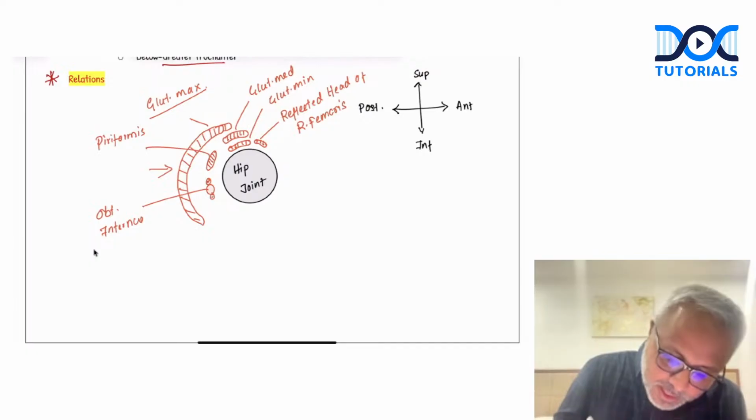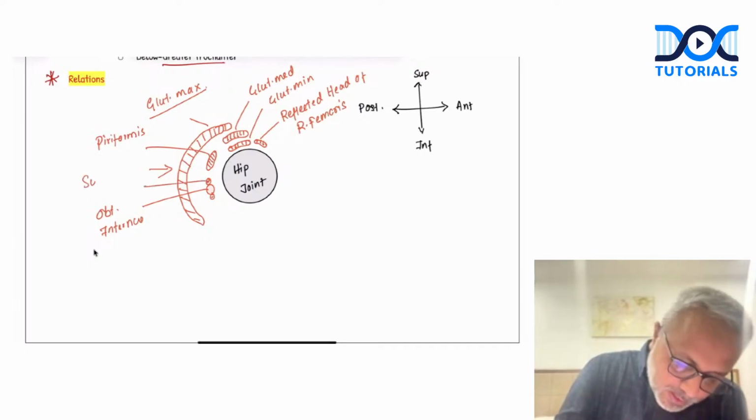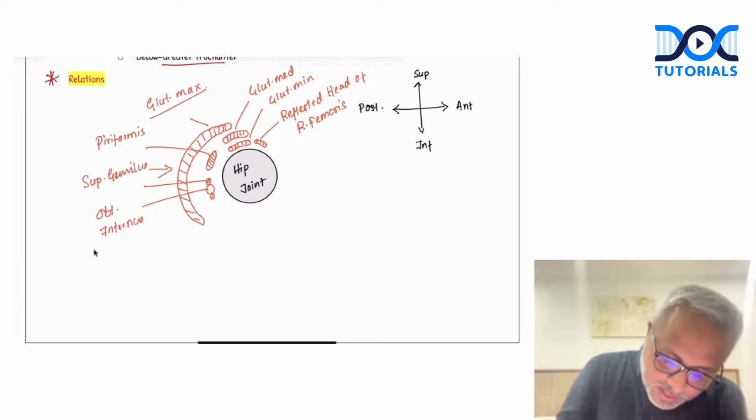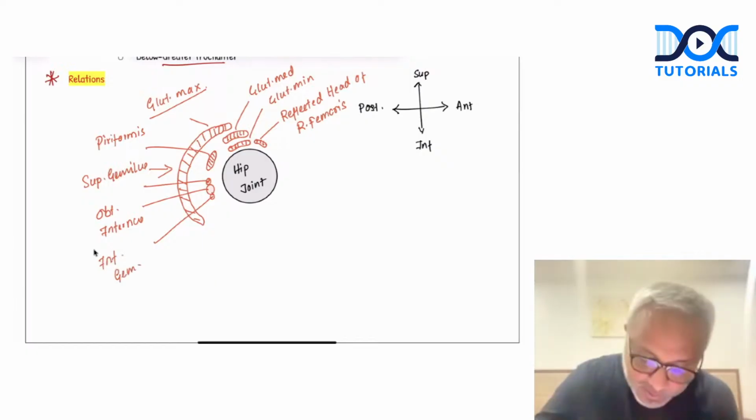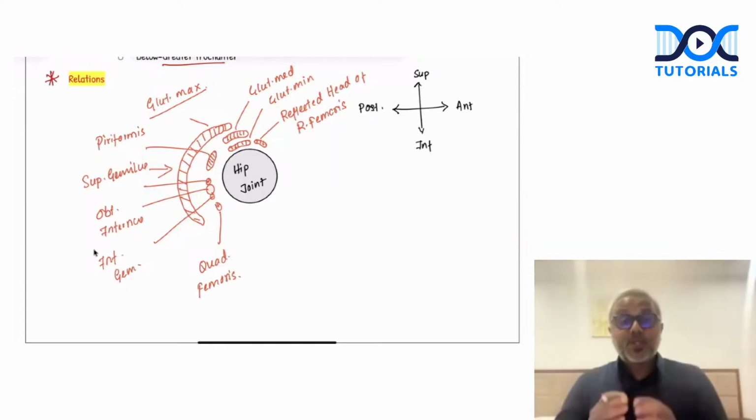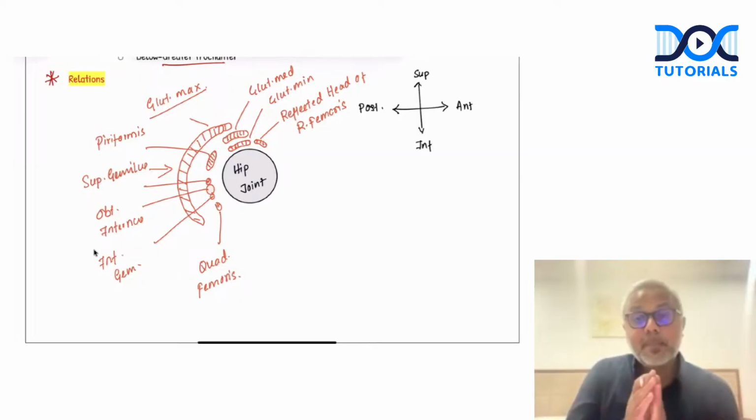So what are these muscles? This is the superior gemellus and this is the inferior gemellus, right? Further below, we have one more muscle and this is the quadratus femoris, right? So these are the muscles that are present posterior to the hip joint.